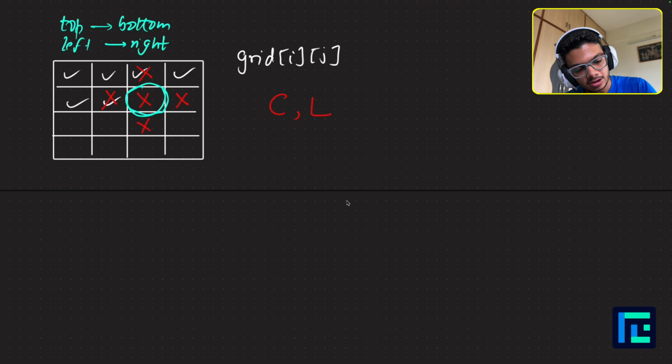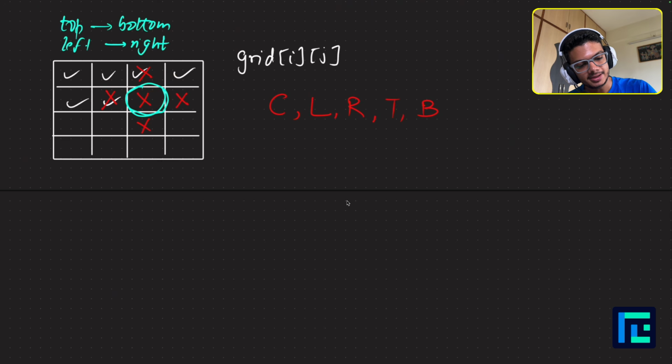One left to it is not allowed. Whatever you have there. Similarly, whatever you have to its right is not allowed, right? This guy is not allowed. Then whatever you have above it is not allowed. So left, right, top, and whatever you have below is not allowed. Left, right, top, bottom, right? Cool.